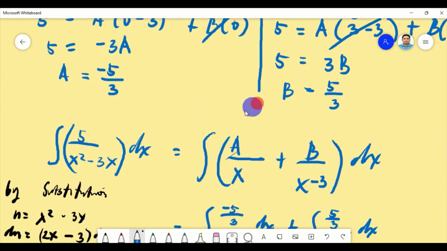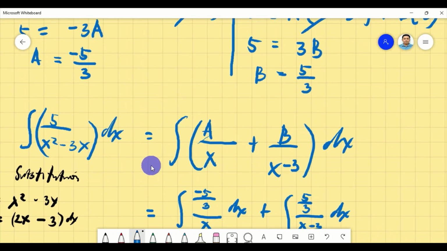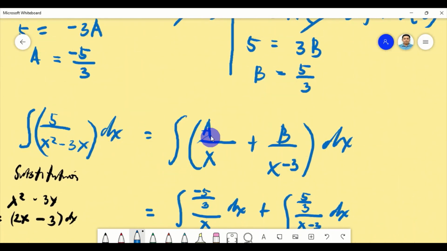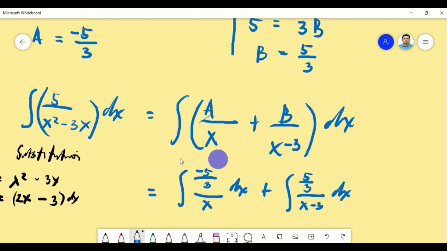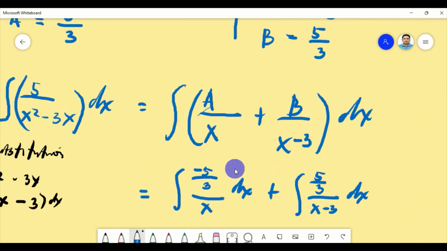Okay, so your integral of 5 over x squared minus 3x dx can then be equal to the integral of a over x plus b over x minus 3 dx, and we are done solving for the values of a and b. So we can now replace your a with negative 5 thirds, and then your b with 5 thirds.